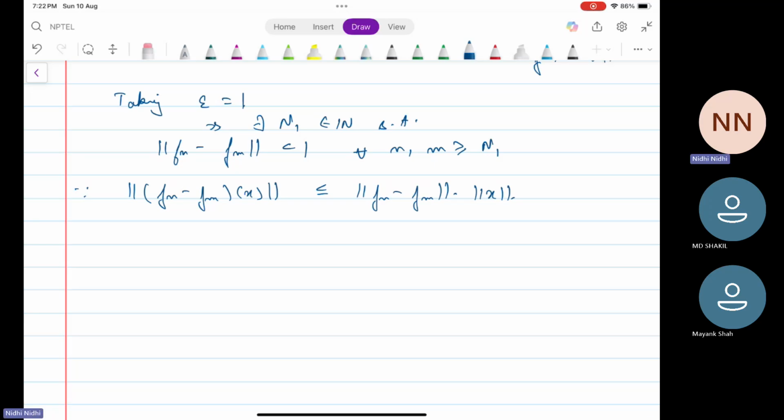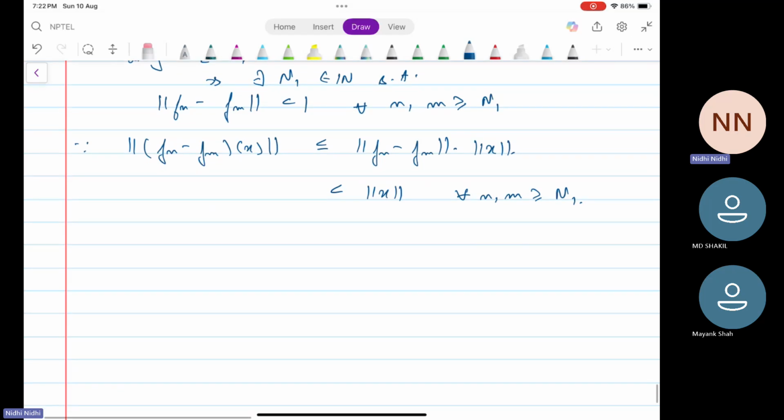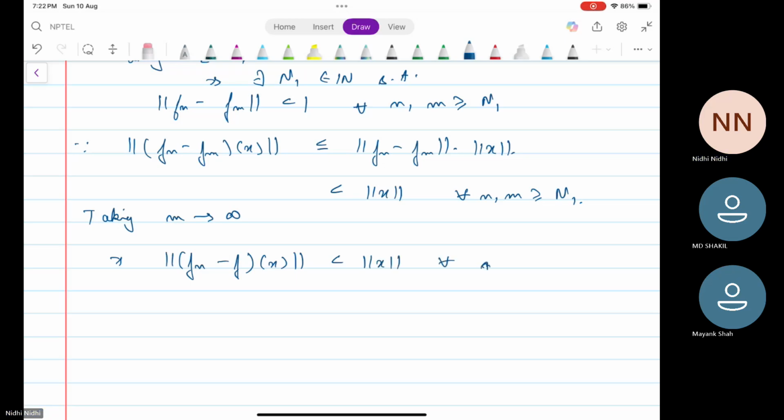Now this will be strictly less than norm x for every n and m greater than or equal to n1. Now taking m tending to infinity, because we know that this is convergent pointwise, we get norm (Fn minus F)x is strictly less than norm x for every n greater than or equal to n1.